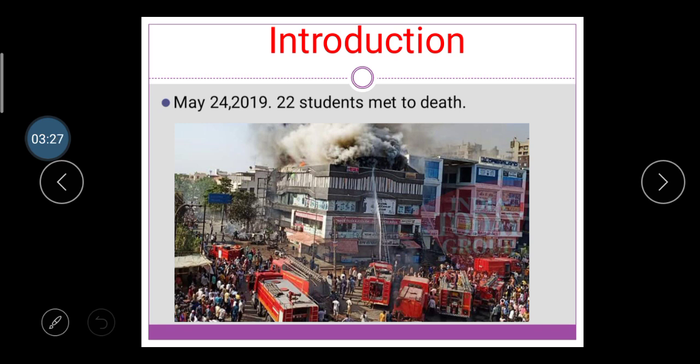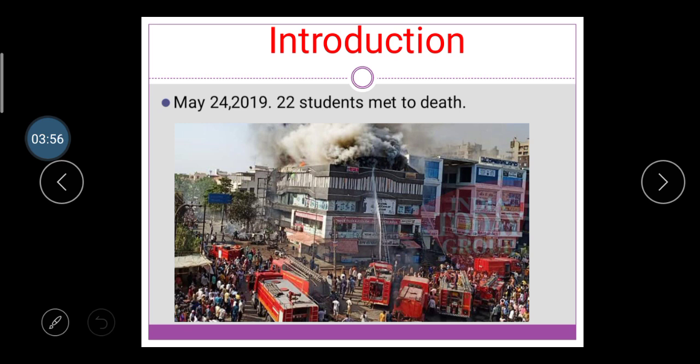In this tragedy, claims were made by the students' parents. First of all, the main responsibility lies with the classes' owner. The second responsibility lies with the Surat Municipal Corporation, because they allowed this construction on this floor.